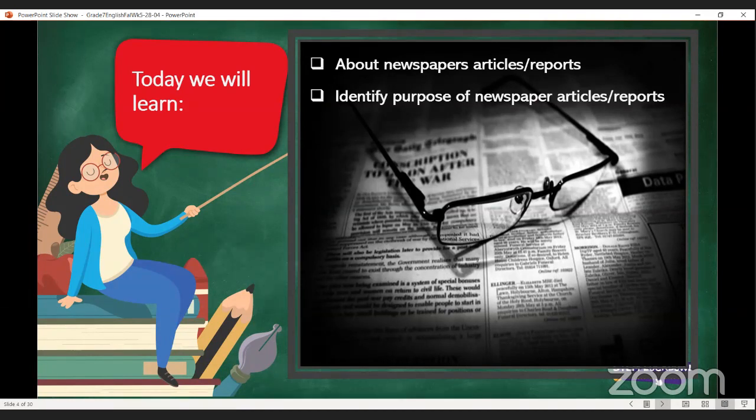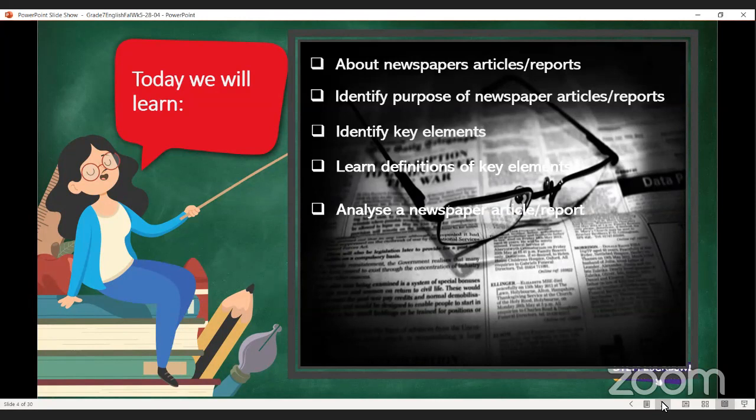You can call it either article or report; there's no difference, really. Identify key elements. Learn the definitions of the key elements. Analyze a newspaper report. Apply before, during, and after reading strategies. Those of you who have been in my lessons before know I have touched on the reading strategies, and we always incorporate them in our learning.